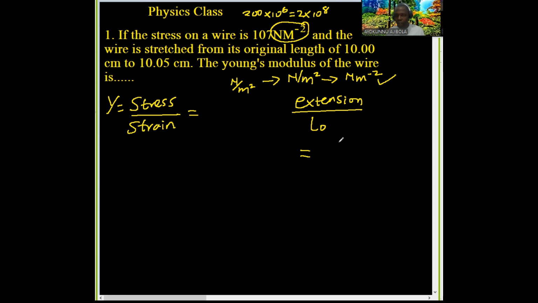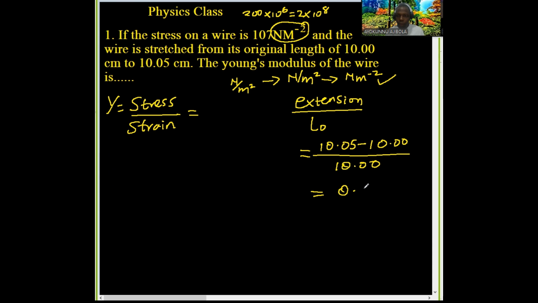The extension is new length minus original length. That is 10.05 minus 10.00, then over the original length, which is 10.